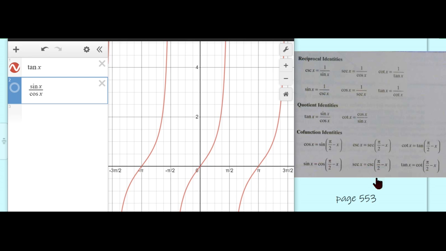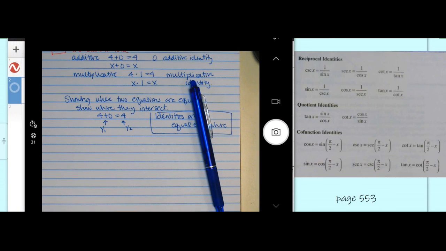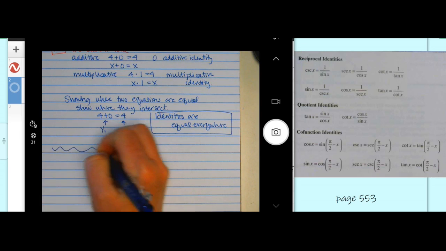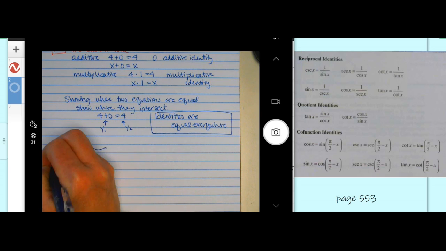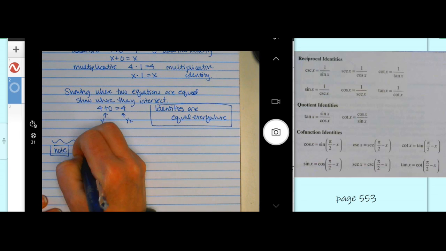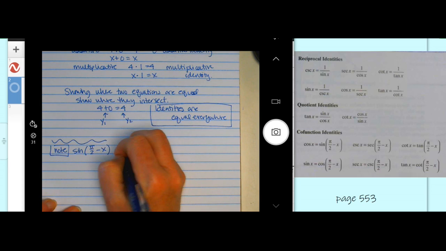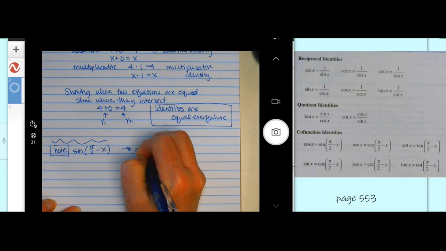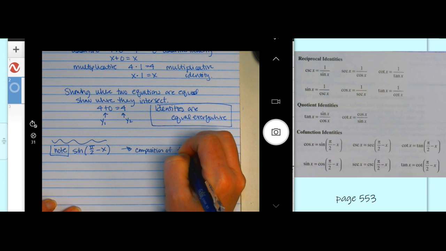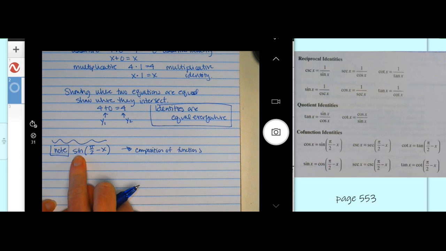Please note, and this is very important, that when it says sine of pi over 2 minus x, this is a composition of functions. This outside function is the sine function.